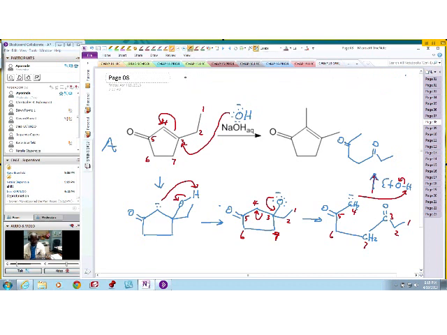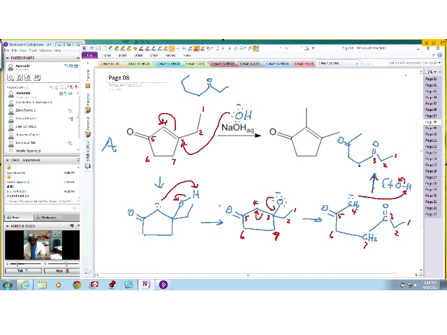So we now have this. What we now form is this, and this. Okay, so we are going to number. This is our carbon 1, carbon 2, carbon 3.